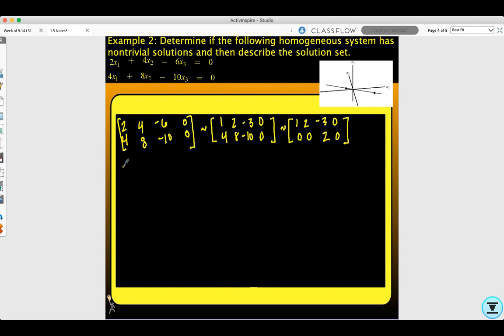And from there, I'm going to take half of row 2, leave row 1 alone: 1, 2, -3, 0, 0, 0, 1, 0. And then finally, I can take 3 times row 2 and add it to row 1 to eliminate that -3.